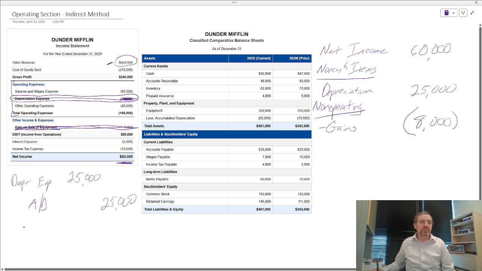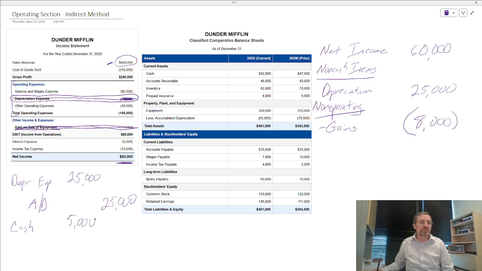Some journal entries would be something like cash, $5,000, and sales revenue, $5,000. That's okay. That's what we want on our statement of cash flows. We want to include those transactions. The other possible transaction is instead of cash, we sold it on credit. Those ones we don't want on the statement of cash flows because we didn't get the cash.